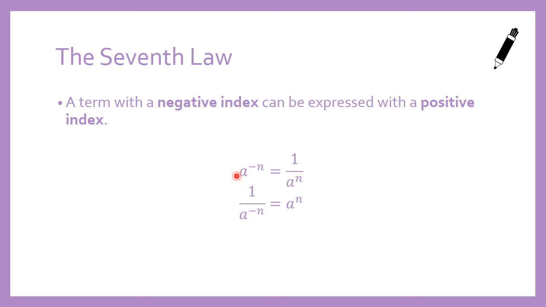To remember that, if I have a term with a negative index, I can write it as 1 over that term with a positive instead of a negative. And vice versa, if I have 1 over a term with a negative index, I can write that in the numerator without the negative.